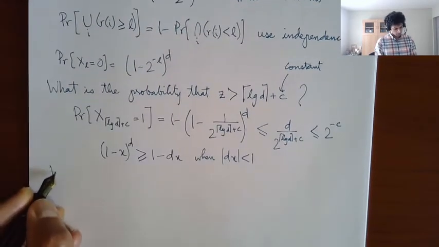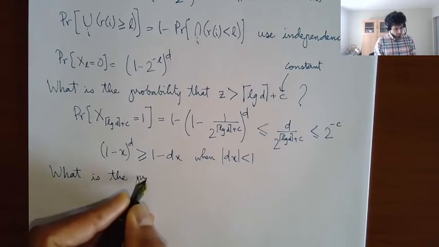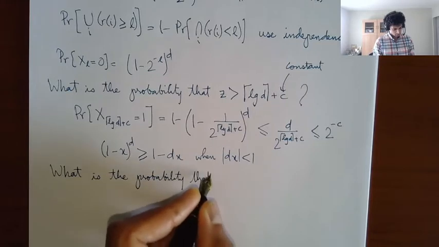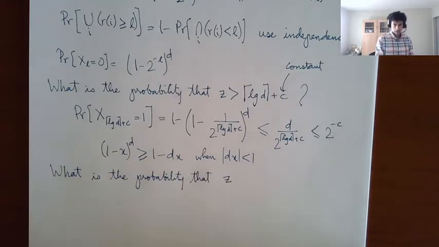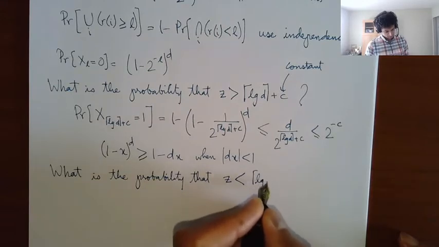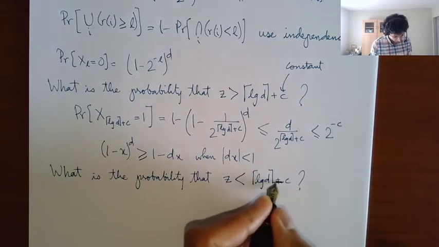Okay. Then let's say, what is the probability that Z is less than log D minus C?